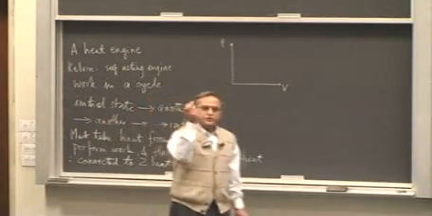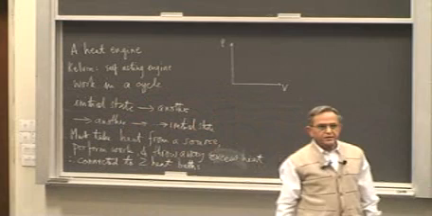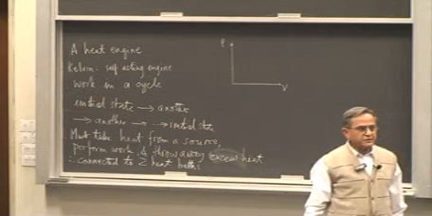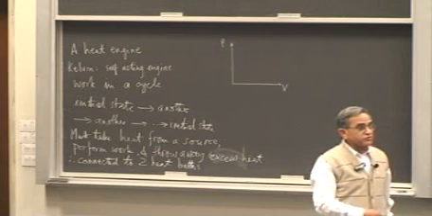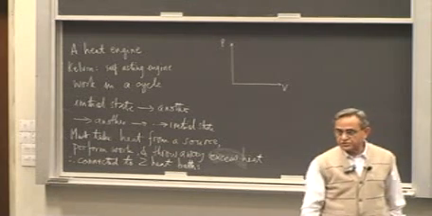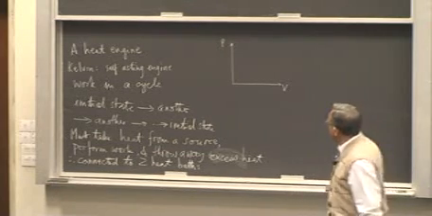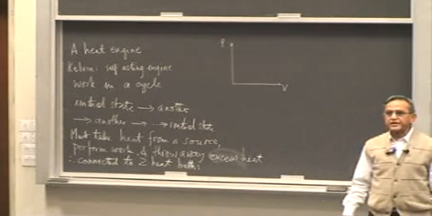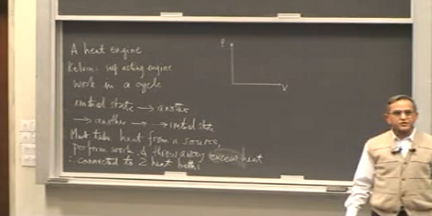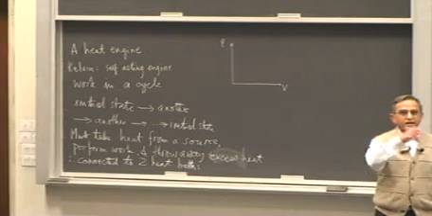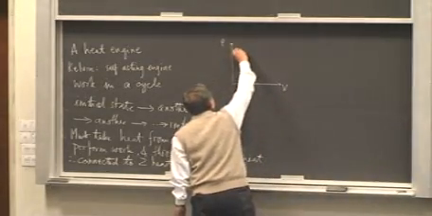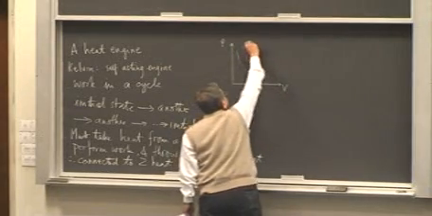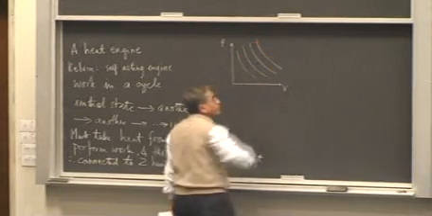But drawing a three-dimensional picture is a difficult thing. So I will take projections of temperature onto this, and we can draw these isotherms to define our temperature scale. So here I have these isotherms. Okay?